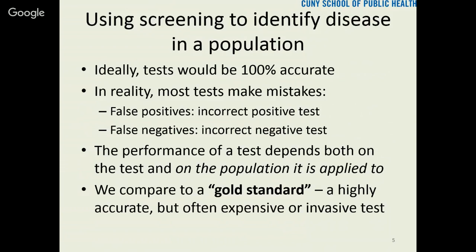The more healthy people you have, the more important performance on the healthy people is, that specificity, the ability to say you don't have the disease. So in a very, very low prevalence population, specificity is extremely important. Whereas if you have a high prevalence disease, then sensitivity, the ability to detect the disease in people who have it, becomes more important.